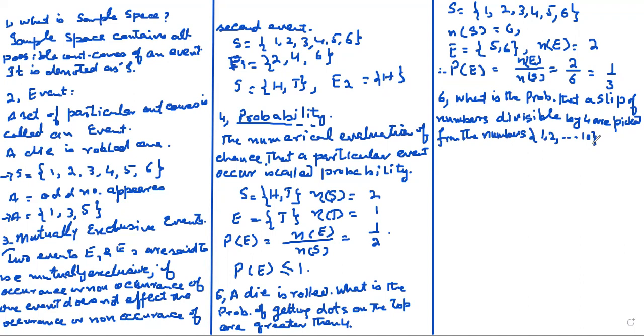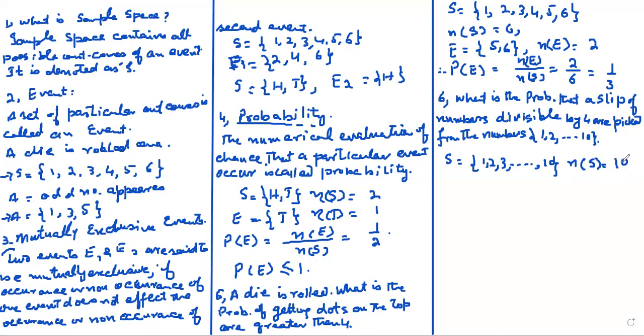First of all, we have to write the sample space. So S equals 1, 2, 3, up till 10. All numbers are there. So it is obvious that the number of points in the sample space is 10.